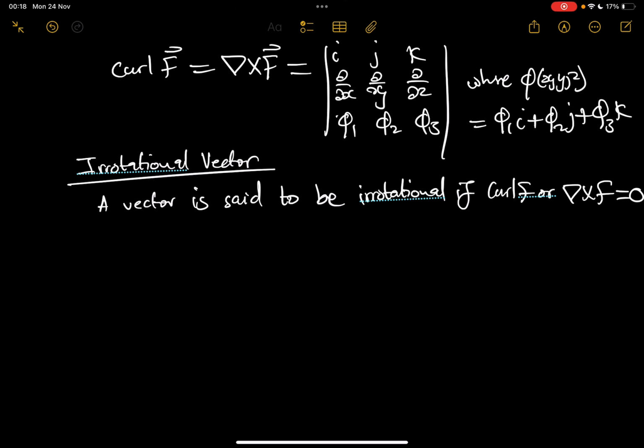If the curl of that vector is equal to 0, then you say that vector is an irrotational vector. These concepts are very important because they are used for applications, as you can see in this question.